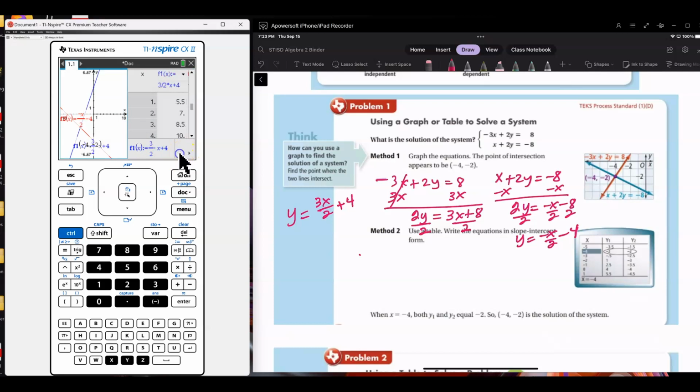So if we scroll to negative 4, negative 2, then if I scroll here, negative 2, you notice the answer to both of them is x equals negative 4, both y's equal negative 2.